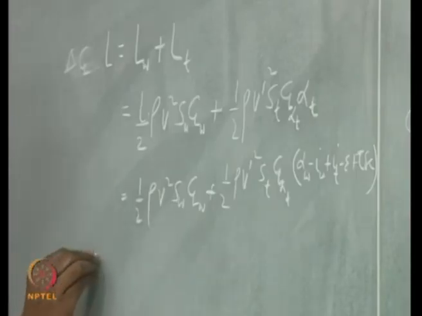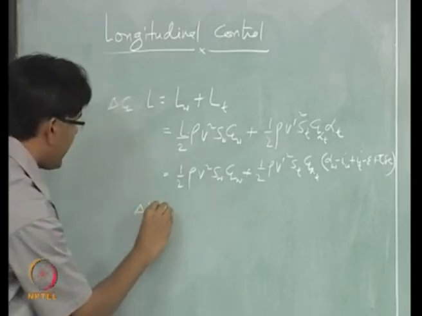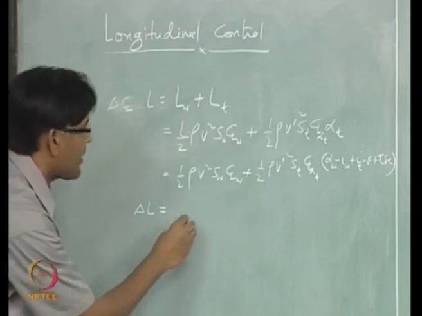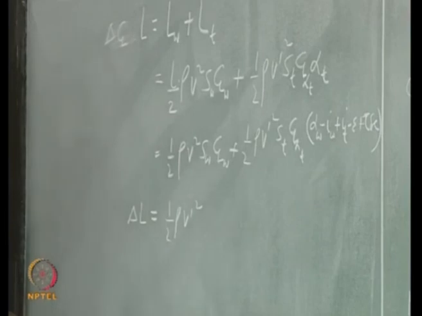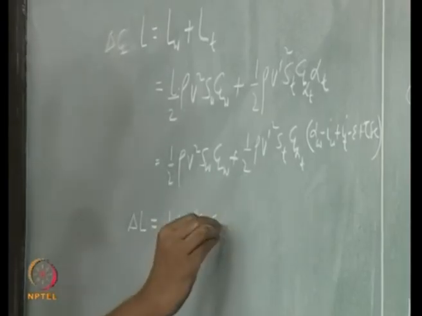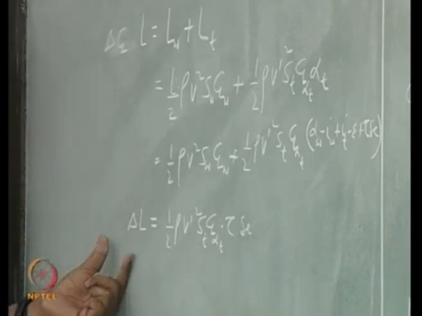So, delta L that you can get through this term is half rho V prime squared into, right, because of elevator deflection the change in total lift that you can get.